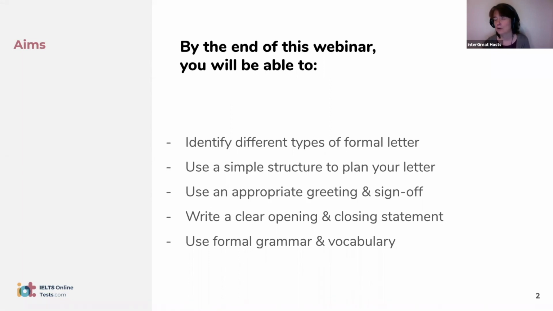Okay, we're also going to look at the difference between writing a formal letter and writing an informal letter, in terms of the vocabulary and in terms of the phrases that you need to use.